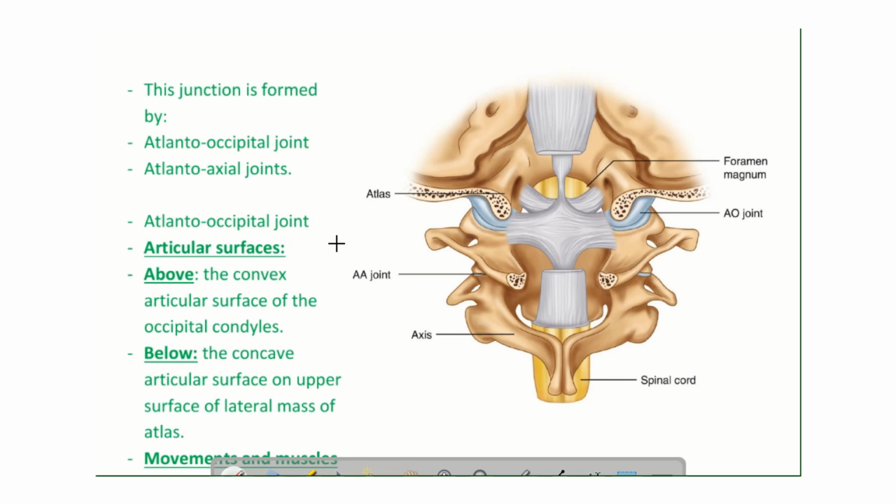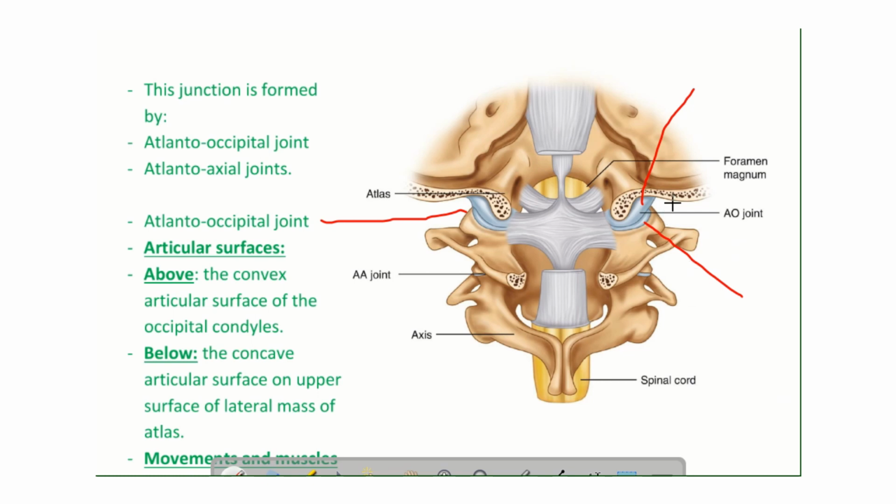This junction is formed from joints and ligaments. The joints are the atlanto-occipital joint and the atlanto-axial joints. The atlanto-occipital joint is a synovial joint between the inferior surface of the occipital condyle and the superior articular facet of the atlas.